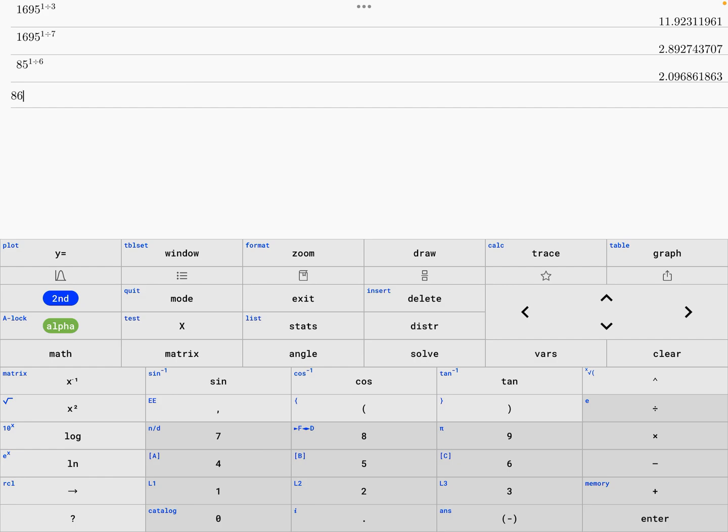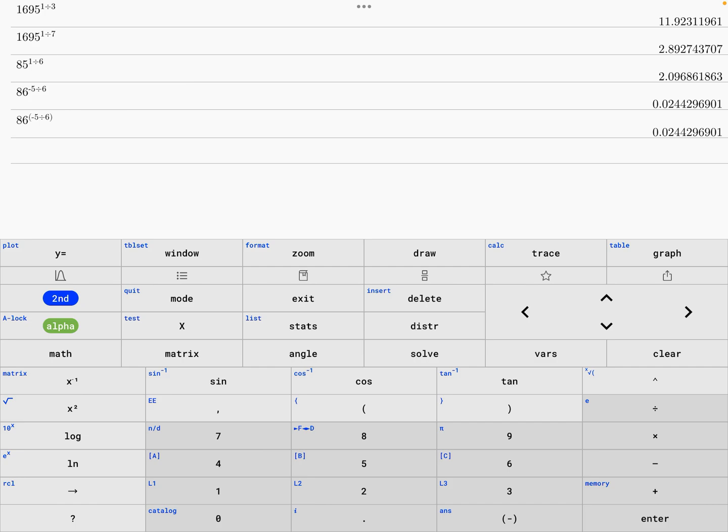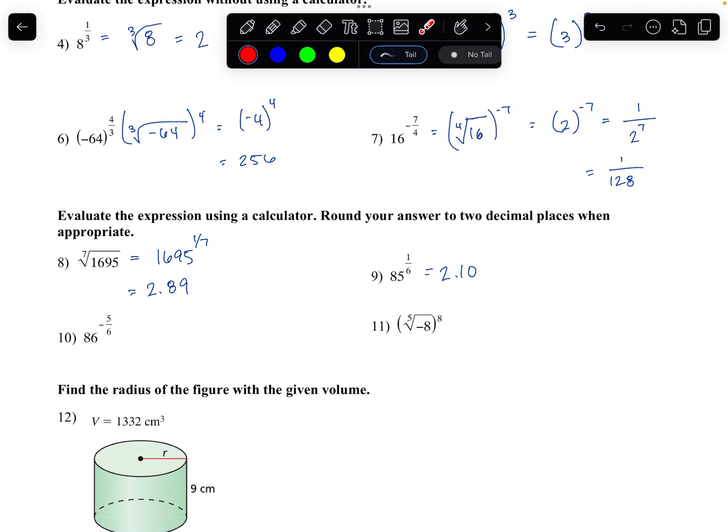Okay, so we have 86 raised to the negative 5 divided by 6. One second. 86 raised to the negative 5 divided by 6. Yep. 0.02.